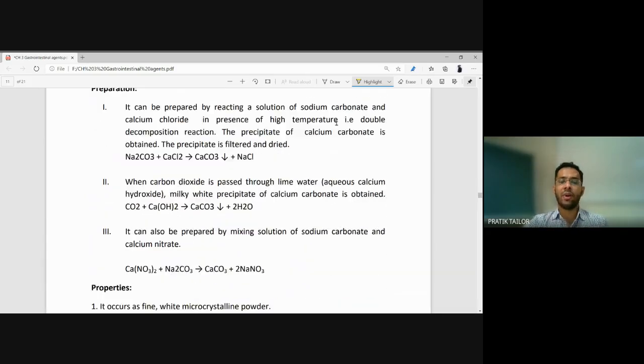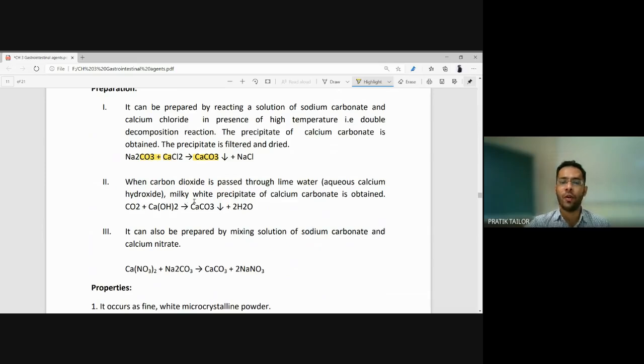It can be prepared by a simple reaction. You take sodium carbonate, from where the carbonate will come, and calcium chloride, from where calcium will come. So you get calcium carbonate, and the remaining part will be sodium chloride. Similarly, you can prepare calcium carbonate from calcium hydroxide, where you pass carbon dioxide gas.